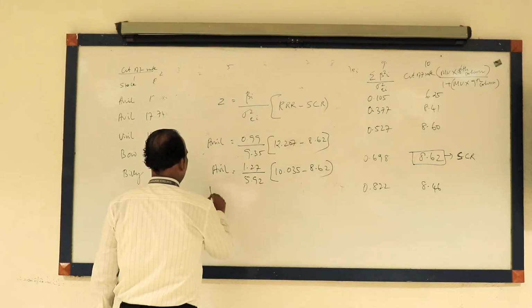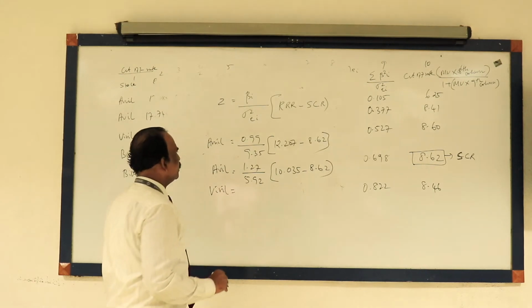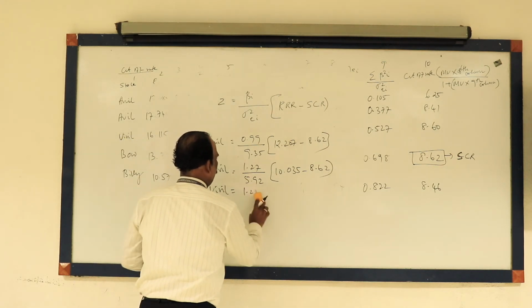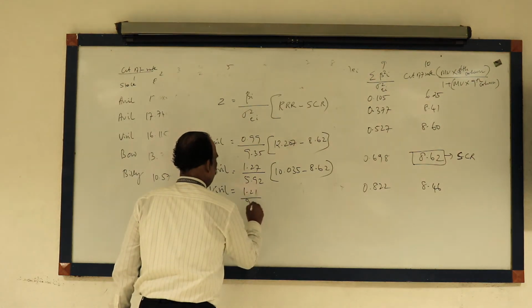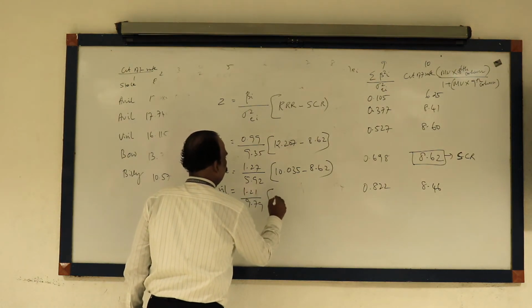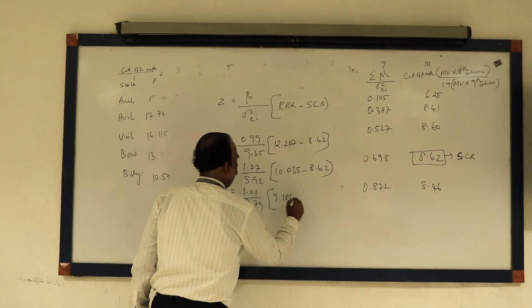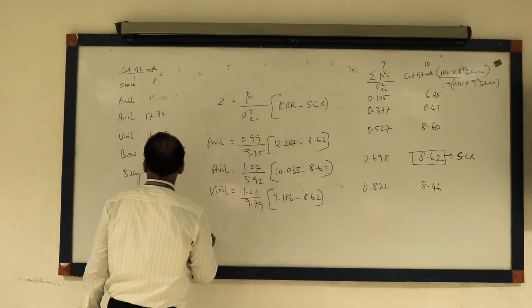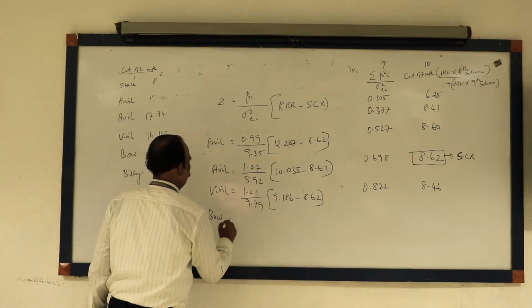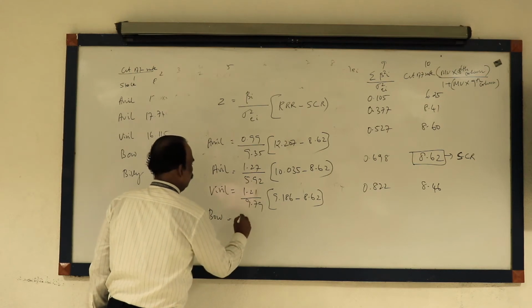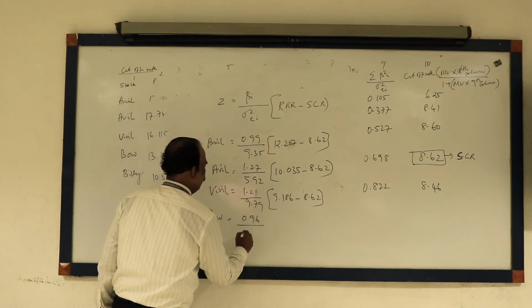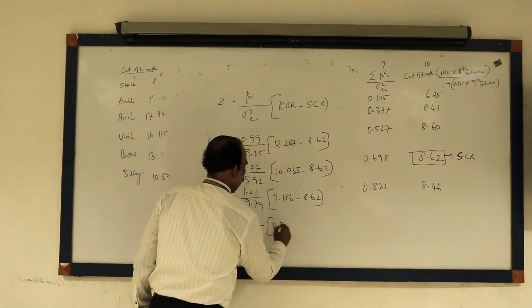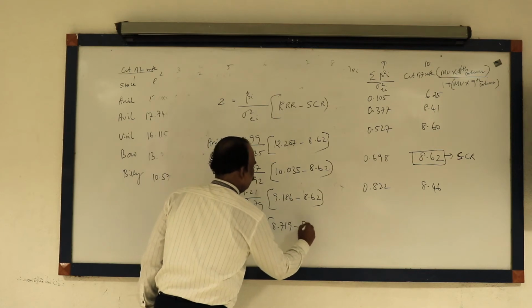Then we have Viral. Viral's beta is 1.21 divided by 9.79 into 9.186 minus 8.62. Then Bow: beta is 0.96 divided by 5.39 into 8.719 minus 8.62.